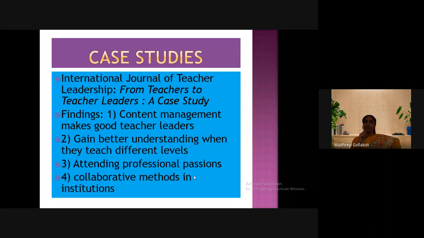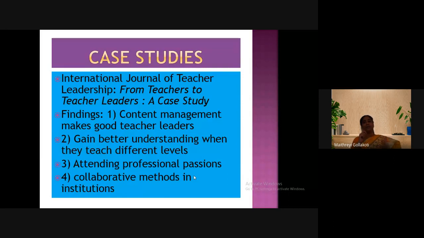After all the studies that they have done, they have reached four conclusions. So what are these four conclusions? The first one is content management makes good teacher leaders. Now, this point is directly related to the point called competency, which I have already mentioned. See, I told you, isn't it? Competency is very important.